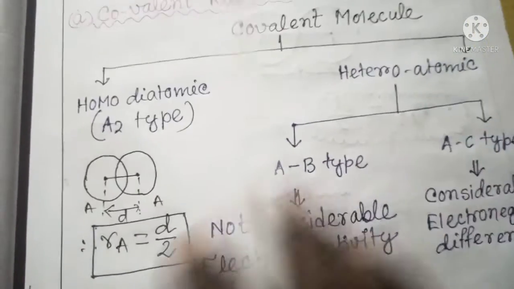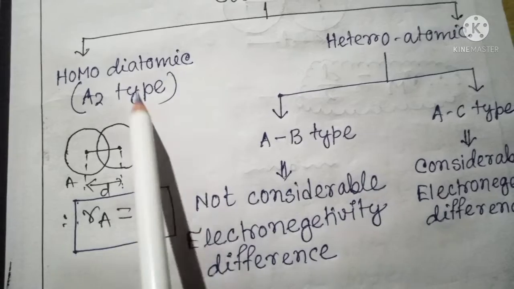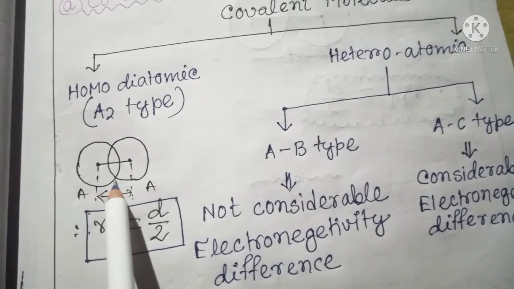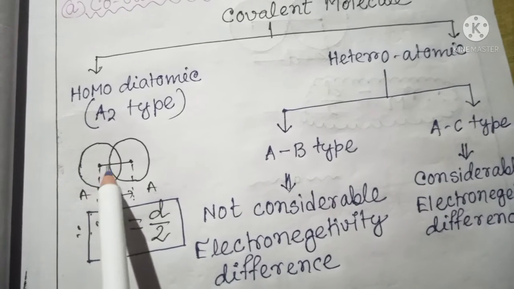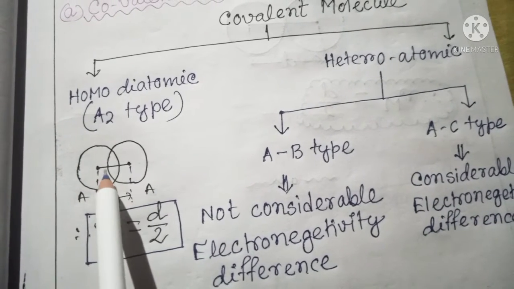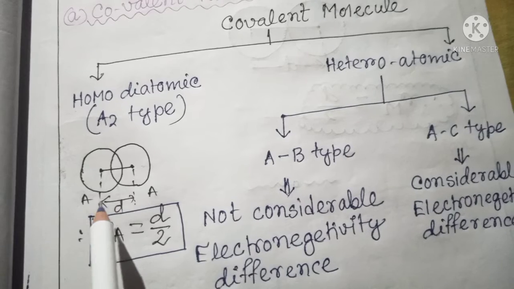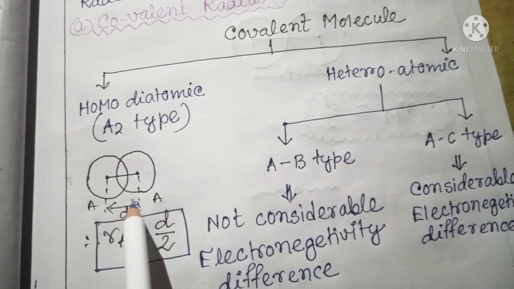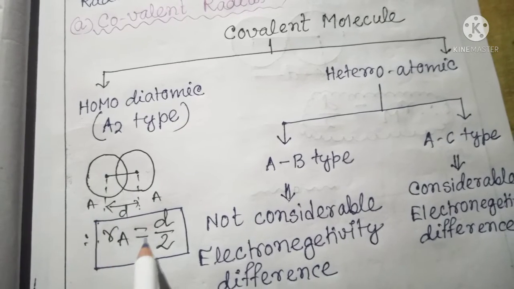In case of a homodiatomic molecule, or A2 type, we draw such a picture. Now the distance between these two atoms from the center is d. Let's take it as d. So the radius of A will be d by 2.